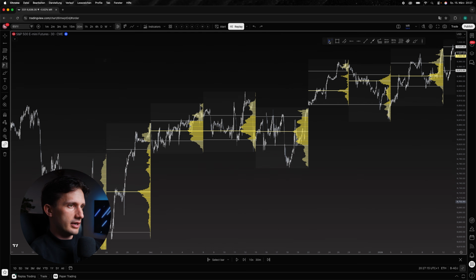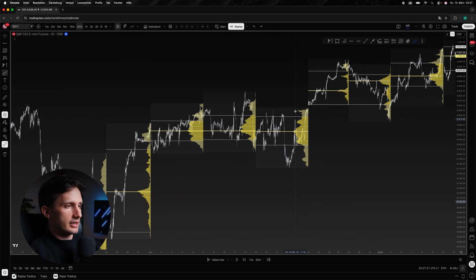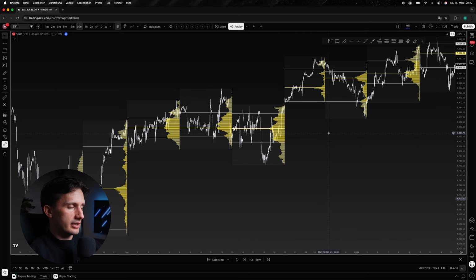You can now go with a fixed volume profile and mark out these whole 3 weeks right here, and you can see that we are getting this D-shaped formation. So we are in balance right here. As soon as the market breaks out, we are no longer in balance, right? So that's the whole thing with volume profiling in a nutshell.